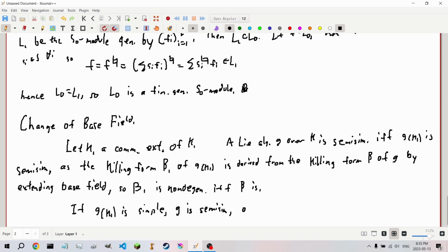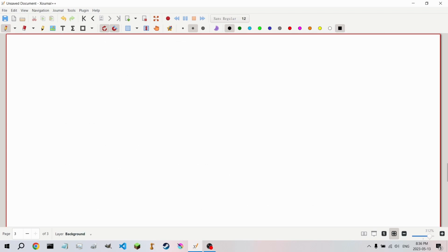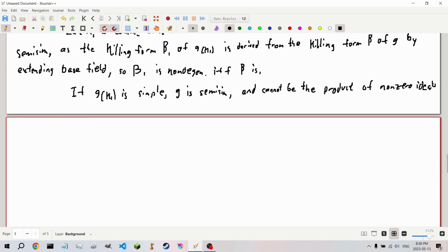And we also have that it cannot be the product of non-zero ideals, so G is in fact simple.